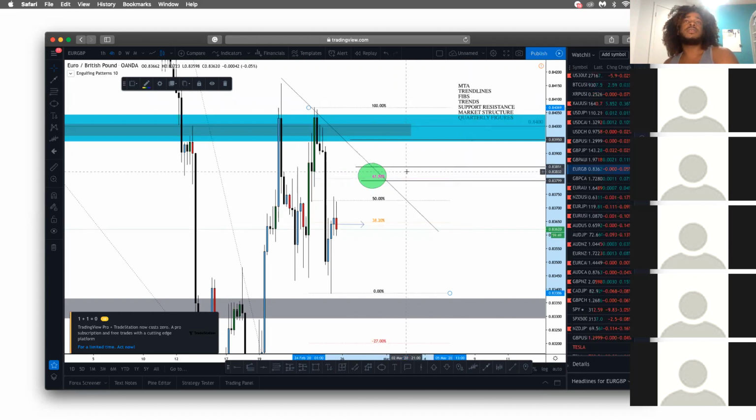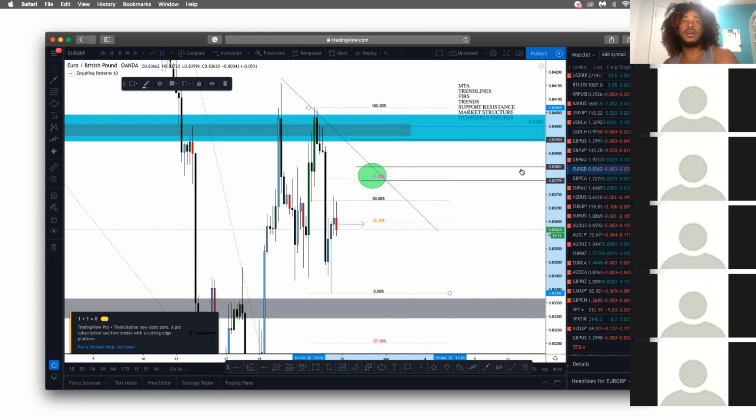Fibonacci, we have the golden ratio here. Trends, we have a 4-hour downtrend. Market structure, downtrend market structure is intact. Support and resistance, we don't have any support and resistance levels here. Quarterly figures, we have quarterly figures. Trend lines, we have trend lines, right? Multiple time frame analysis. Okay, we know the monthly is down.